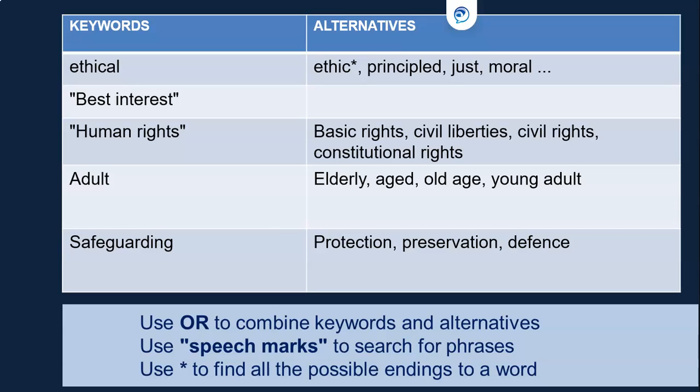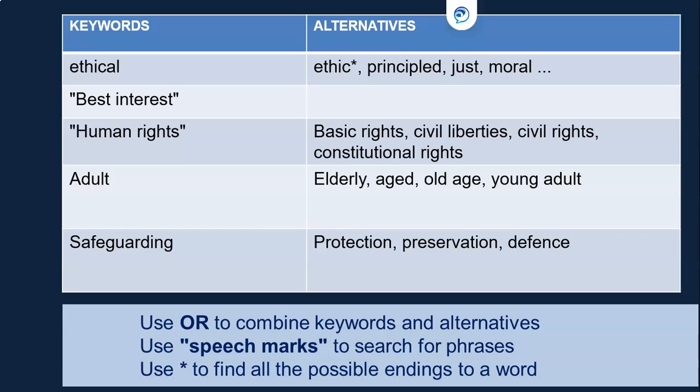Other ways of describing adults could be elderly, aged, old age, young adult, or a particular age range, 25 to 40, for example. Safeguarding could also be protection, preservation, or defence.